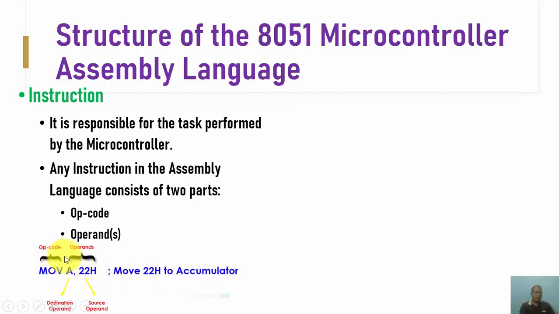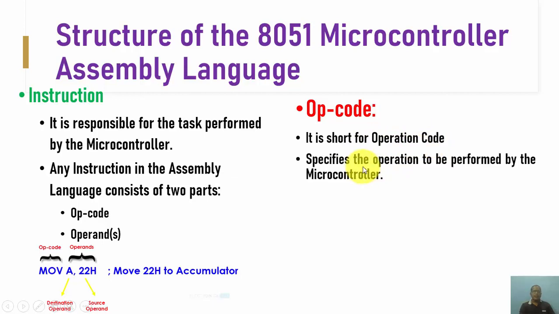Now when I focus on this simple instruction, the first part is the opcode. So what is this opcode? The opcode is basically the short form of operation code. It specifies the operation to be performed by the microcontroller. Right now the microcontroller is going to copy data 22h into the accumulator.